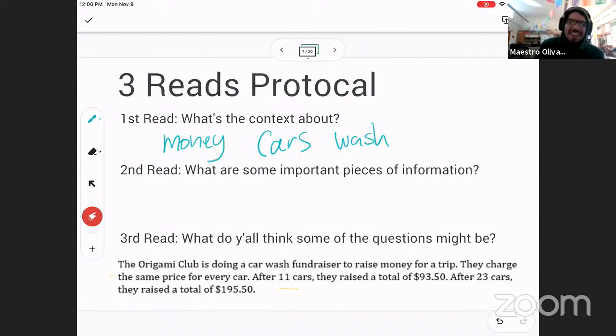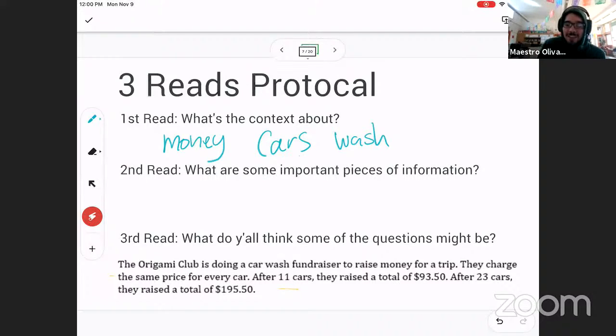Is there anything important in that problem that we just read? Anything important? I mean, yeah, the cars are important, but is there anything that we can use here?